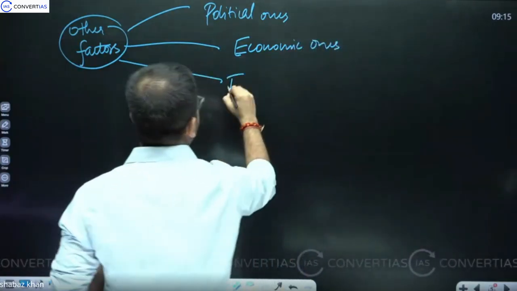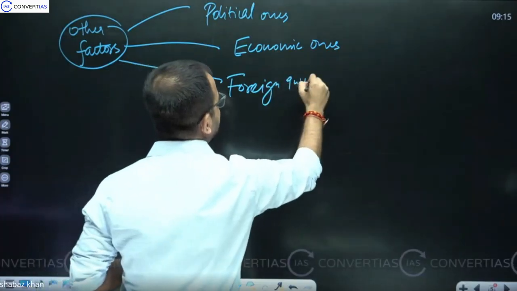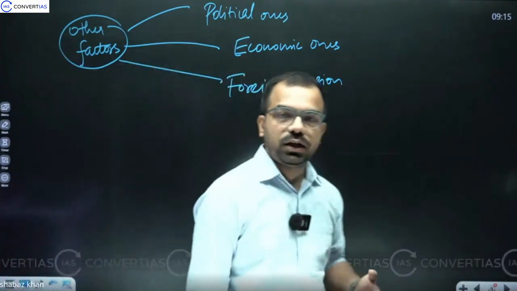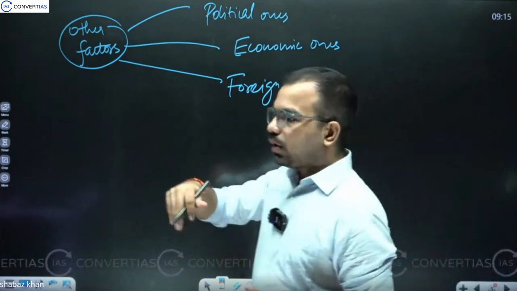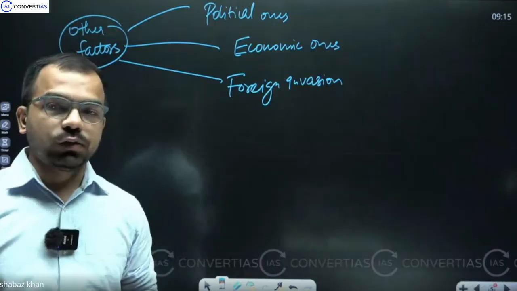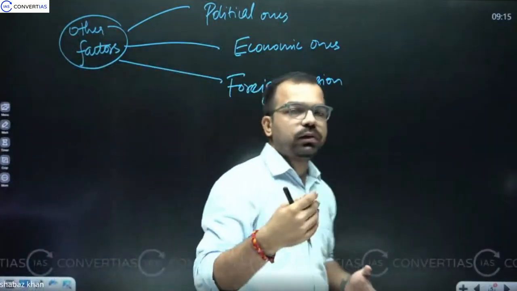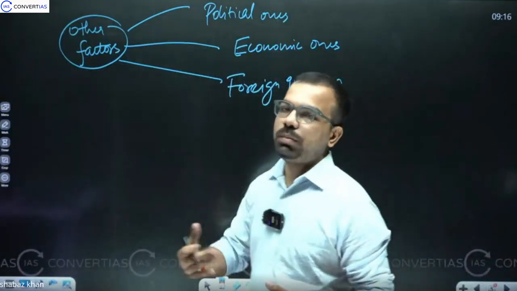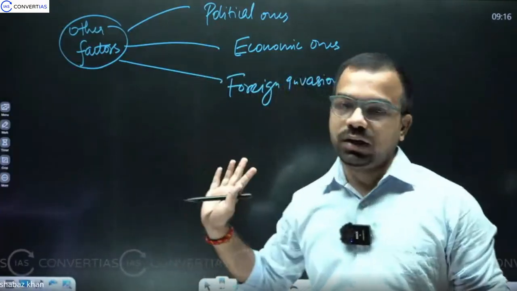Foreign invasion ones. That ensured the development of ancient India. The foreign invaders ensured that India becomes a very globalized multicultural society. I'm not telling this in terms of counting this as a contribution. I'm counting this as part of the development of ancient India.